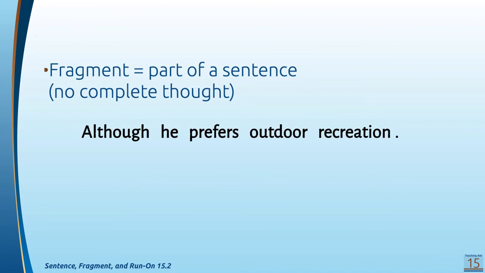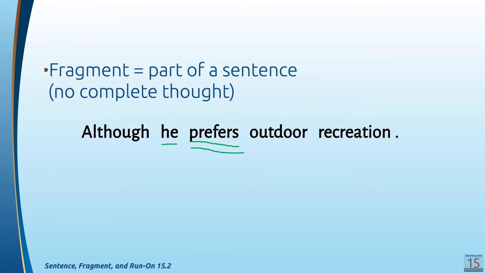Okay. So a fragment, that's a part of a sentence. There is no complete thought. For example, although he prefers outdoor recreation. If you look closely, you can see that there is a verb, prefers, what the person likes best. And who prefers? He prefers.